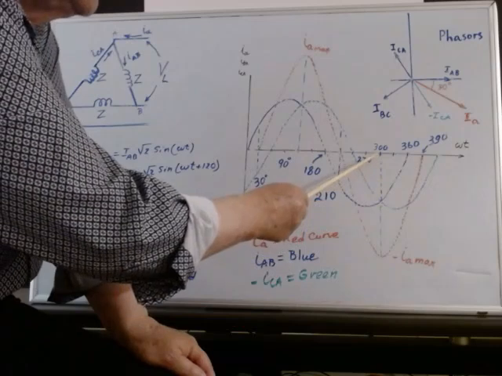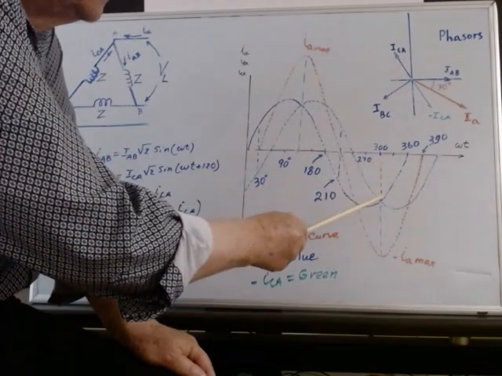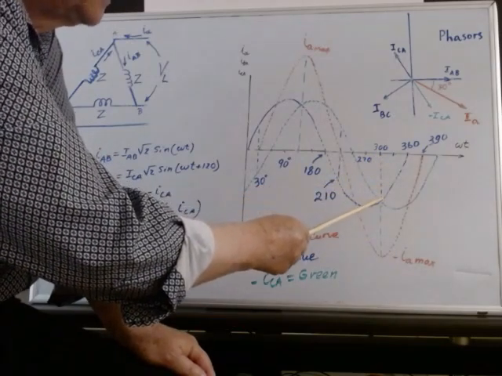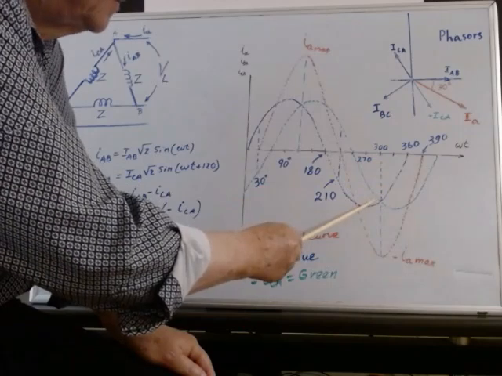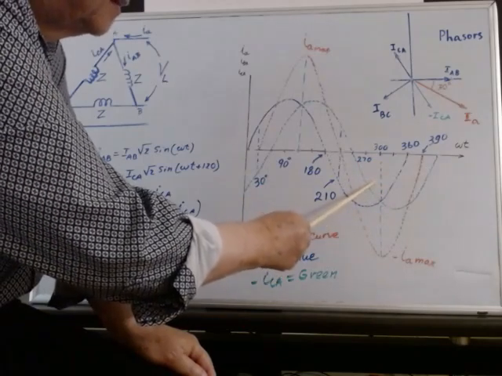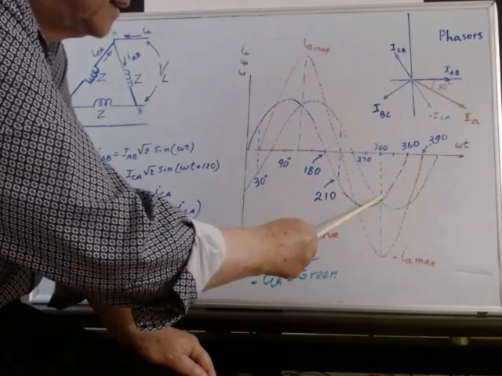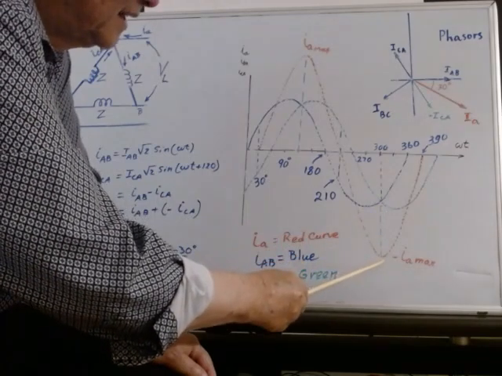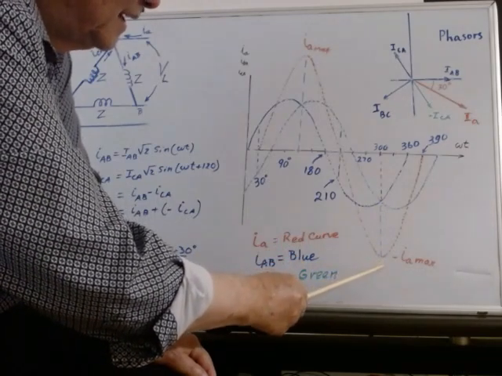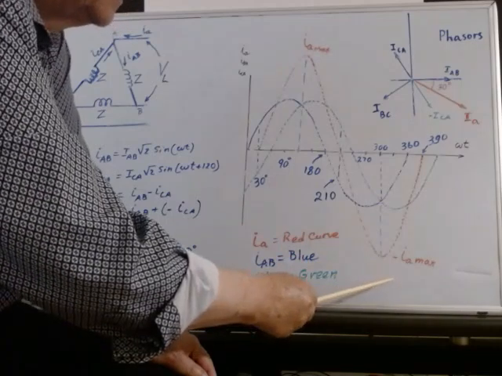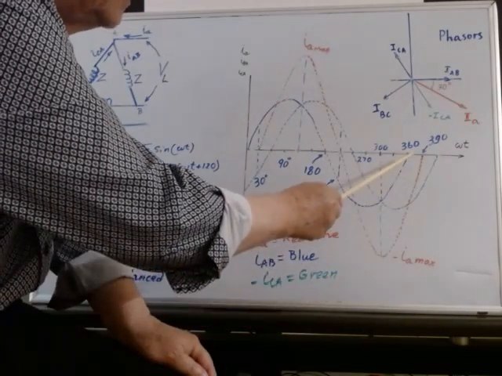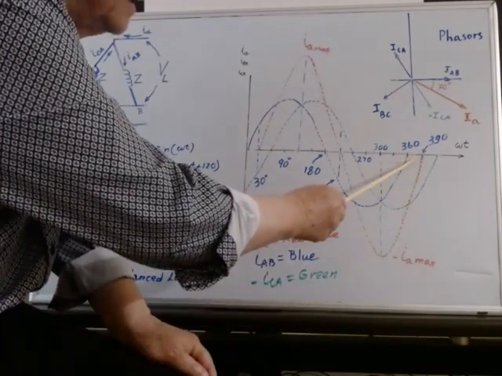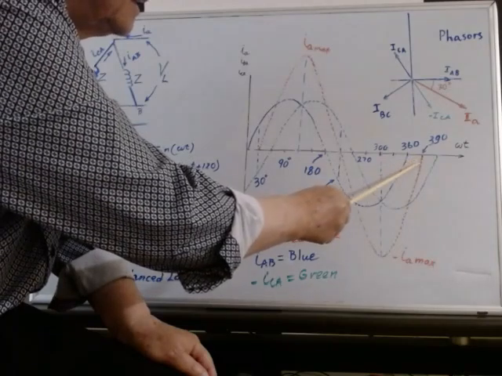Again, at 300 degrees, the addition of the current IAB and minus ICA gives you this maximum negative for IA, and IA will be 0 again at 390 degrees.